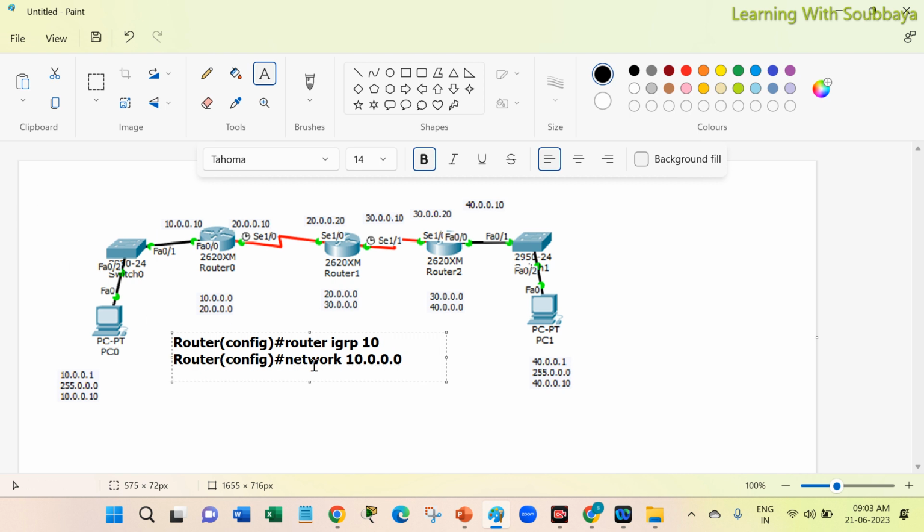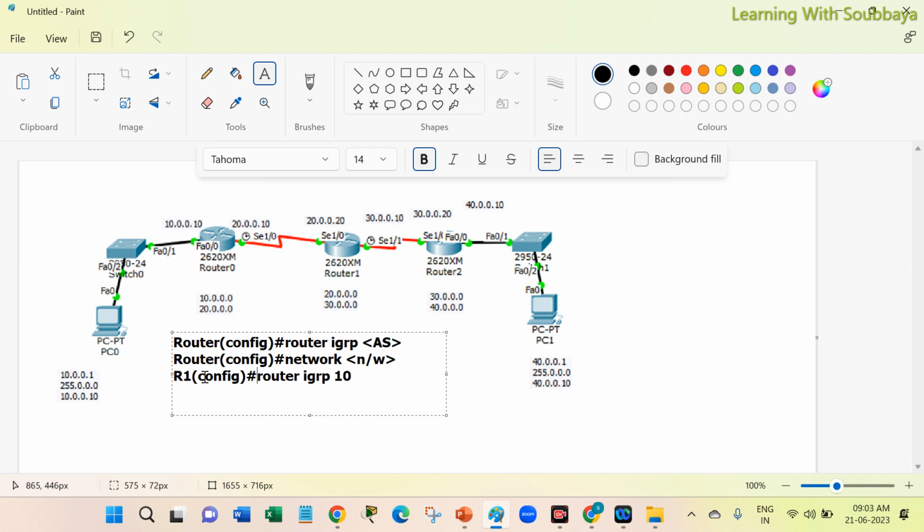I can write this as the syntax: network, followed by the network command. This is the AS value, and I can assume any value here. Now I want to configure the R1 router. In configuration mode, I have to type router IGRP with an autonomous system number, and I can type any value here.